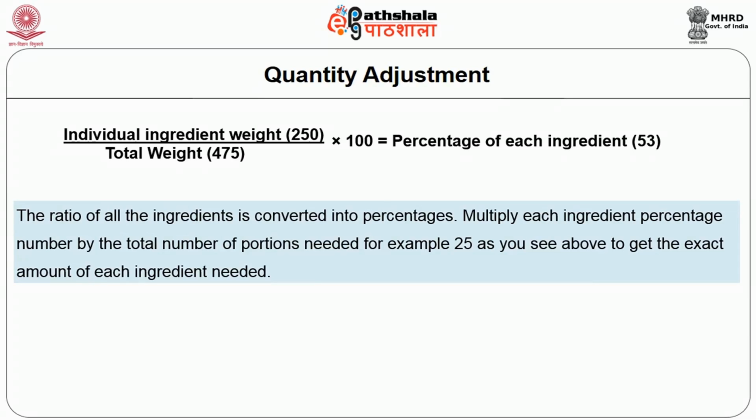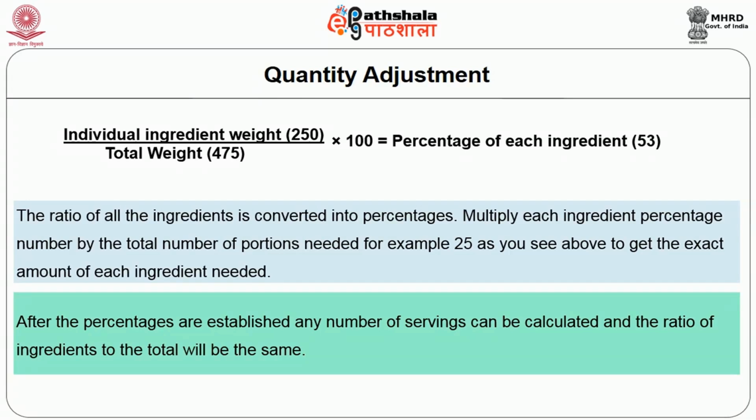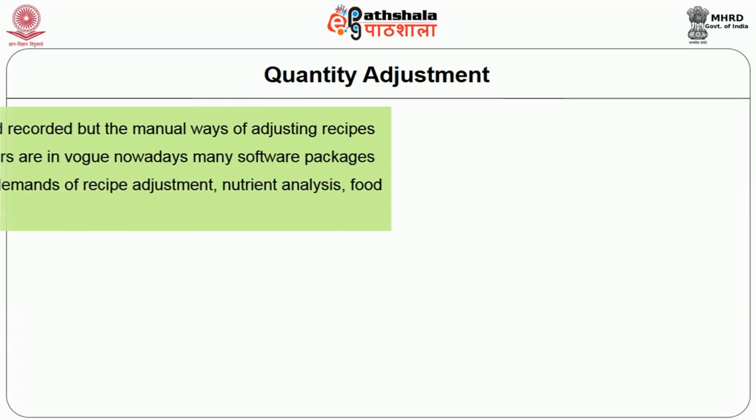Multiply each ingredient percentage number by the total number of portions needed. For example, as you see above, to get the exact amount of each ingredient needed. After the percentages are established, any number of servings can be calculated and the ratio of ingredients to the total will be the same.